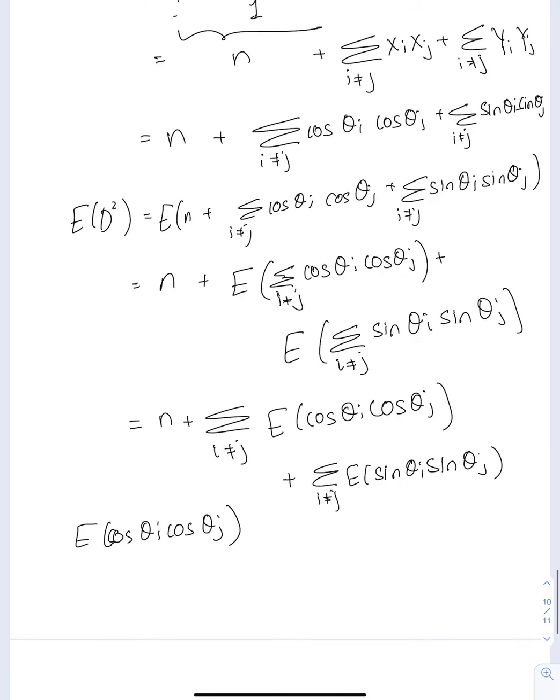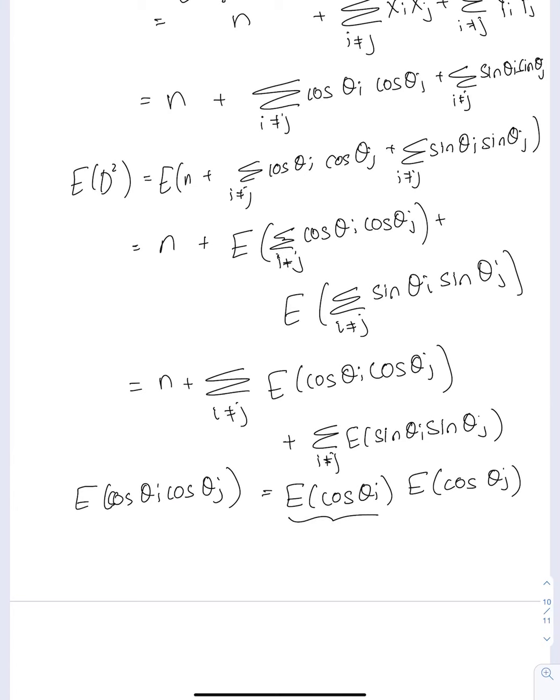Because of the independence of theta i and theta j, you remember from chapter 6, if two random variables are independent and you have a function g of x, y which is h of x times k of y, the expectation is just the expectation of h of x times the expectation of k of y. So this is just the expectation of cosine theta i times the expectation of cosine theta j, and the same with the sine.